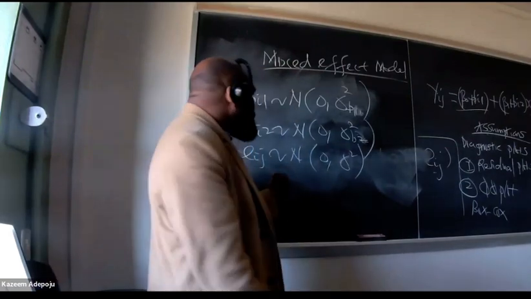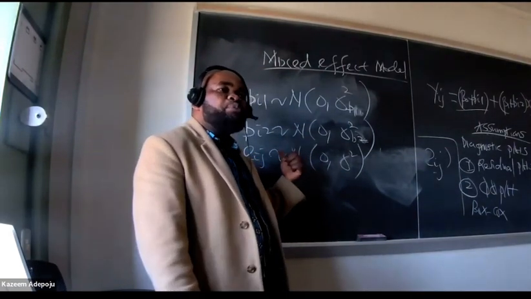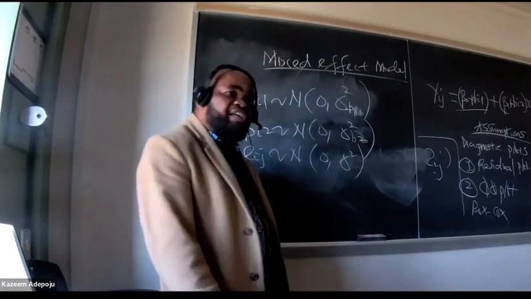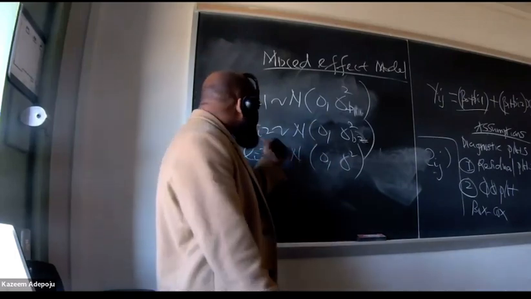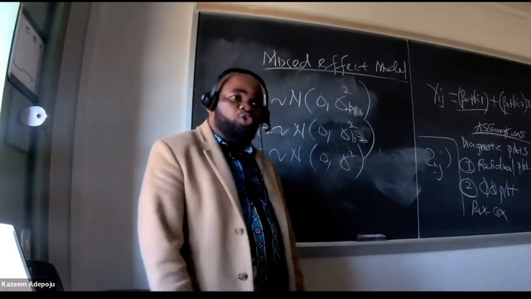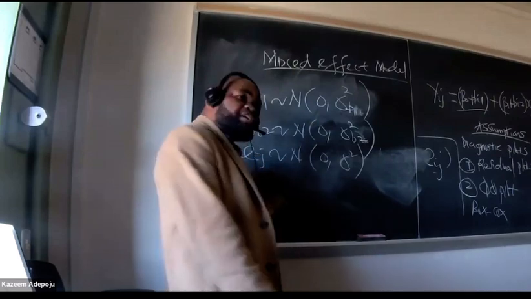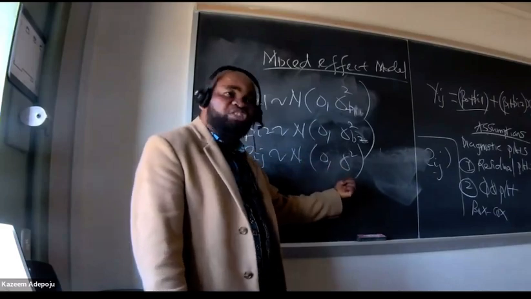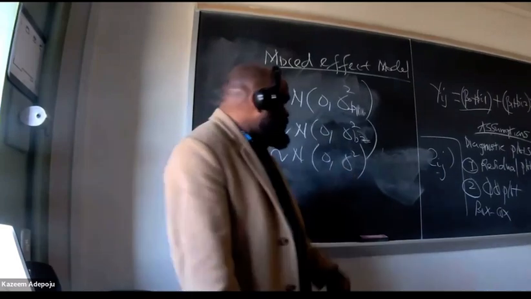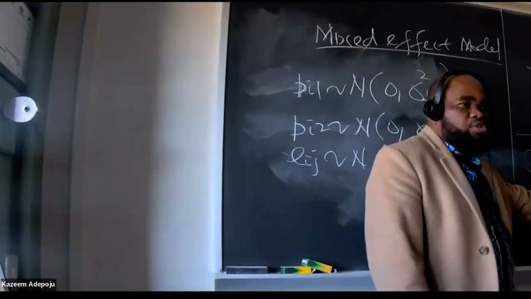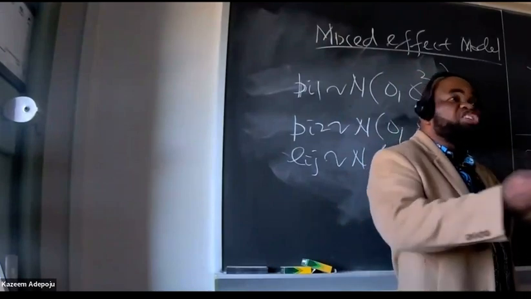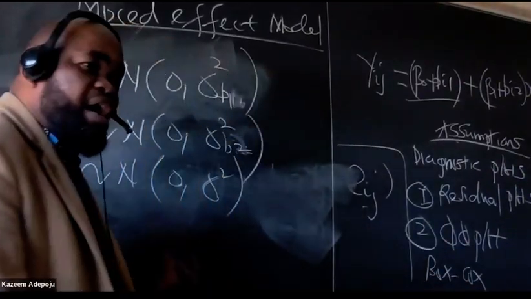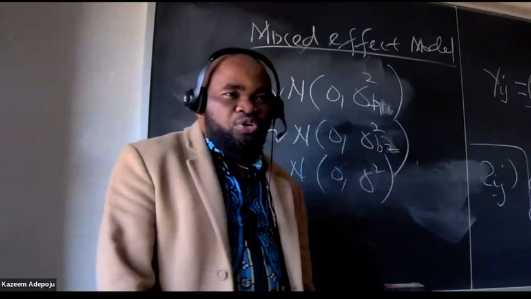After arriving at your final model, you need to investigate whether the distribution of the intercept is normal, whether the distribution of the slope is normal, and whether the error follows a normal distribution with a mean of 0 and a constant variance. To do this, I can use a QQ plot or a histogram. If I use a histogram of the residuals, I'll be able to know whether the error follows a normal distribution.